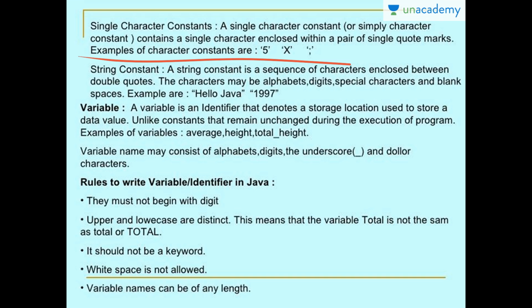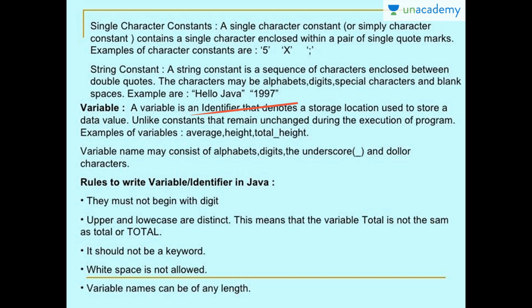These all define a single character constant. Now what is a string? A group or sequence of characters is called a string, like hello Java, hello world, my name Simran. It is a collection of characters. These are called string constants.